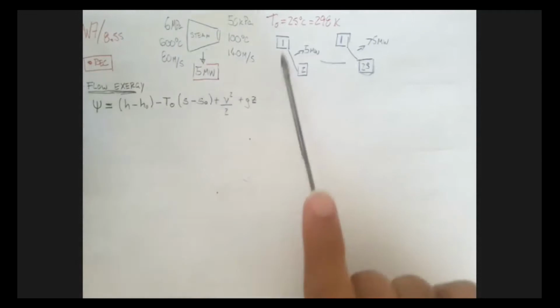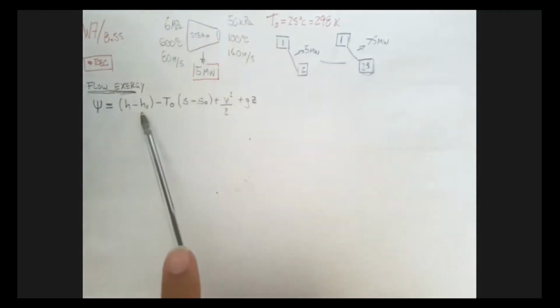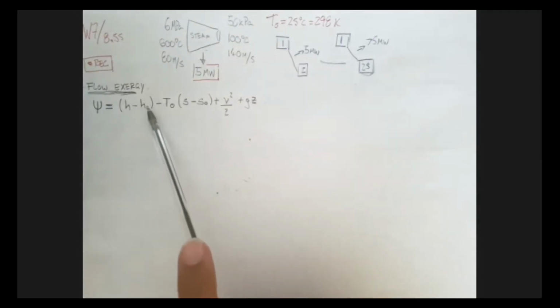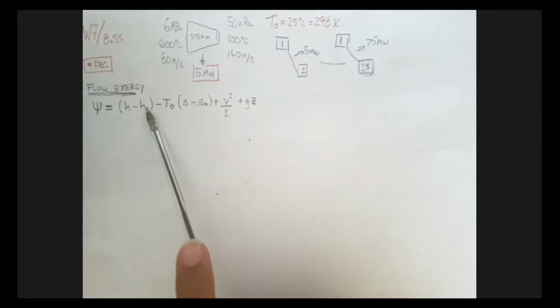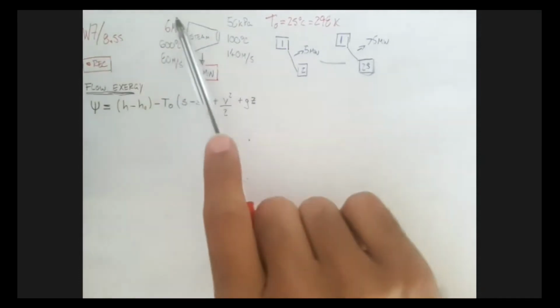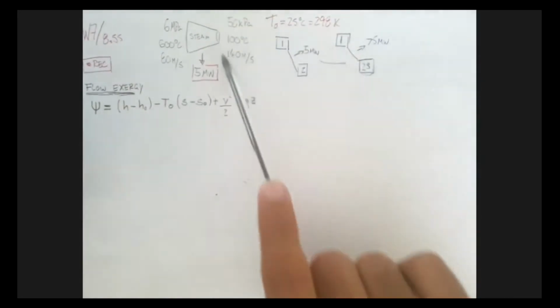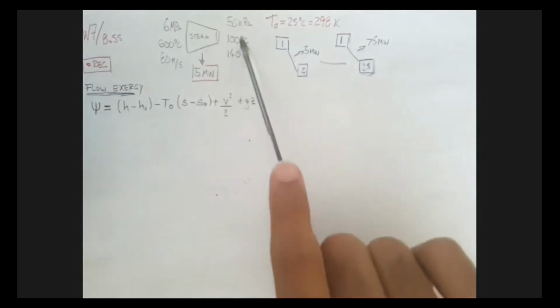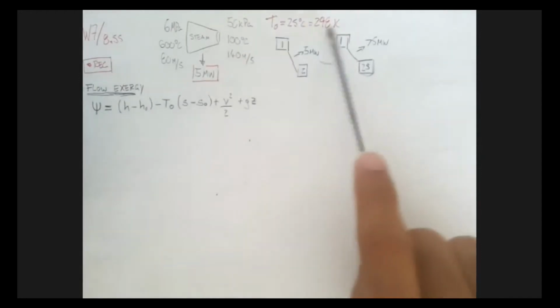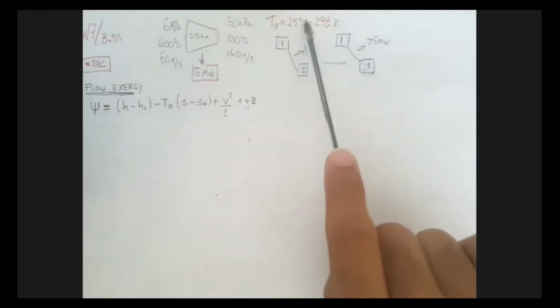But then the enthalpy term, which is the difference from here to here, is going to be related to our dead state. Because if we have steam at this state, the exergy is going to be this minus the environment's dead state. If it's at this state, it still has some exergy related to the difference between the 100 and the 25.